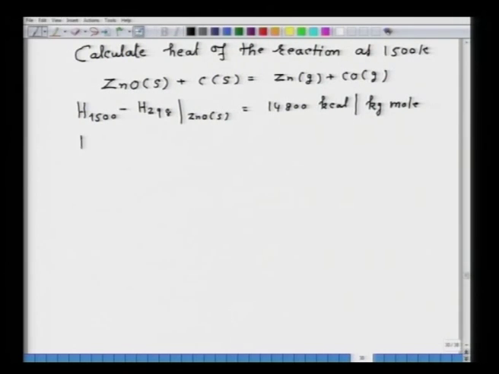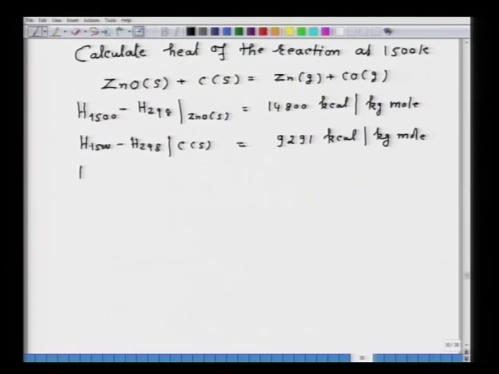For carbon, H 1500 minus H 298, carbon being solid, is equal to 9291 kilocalorie per kg mole.